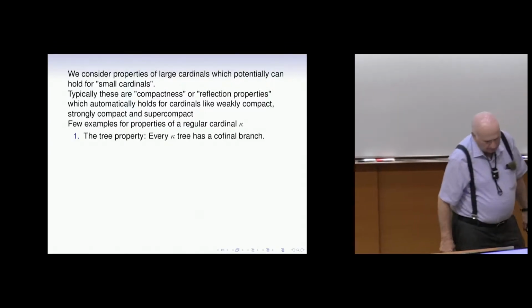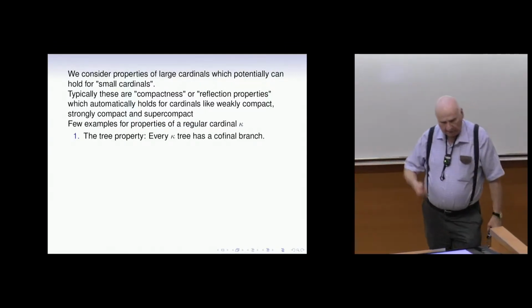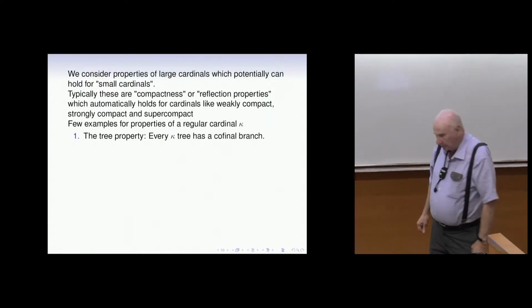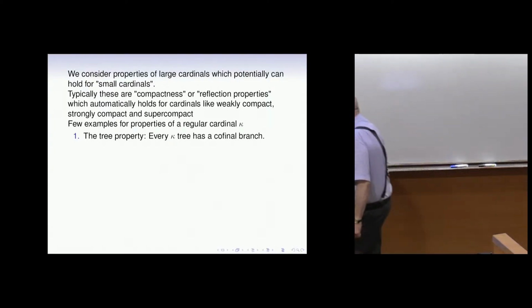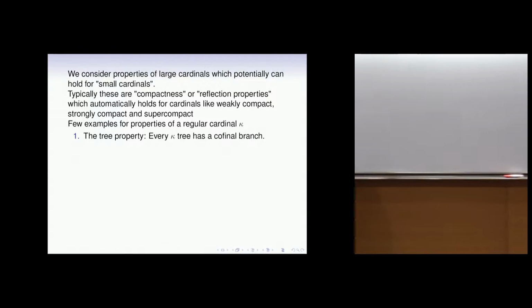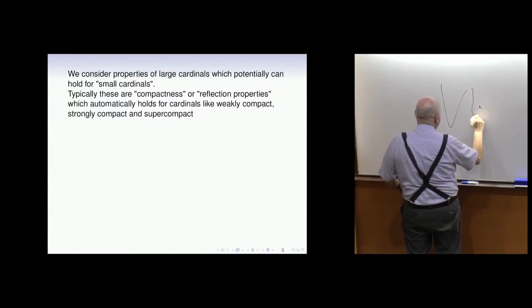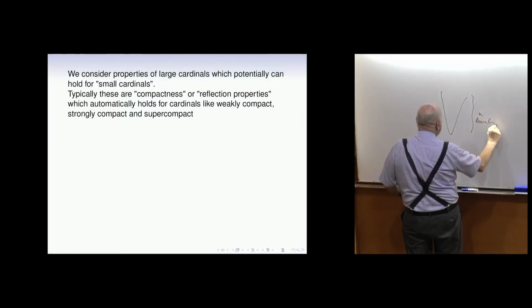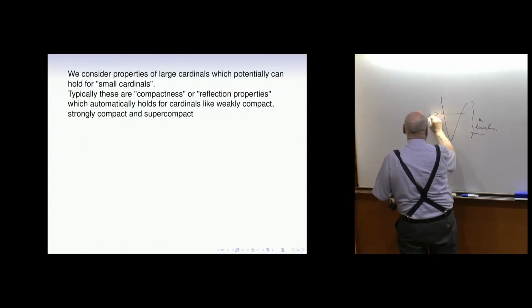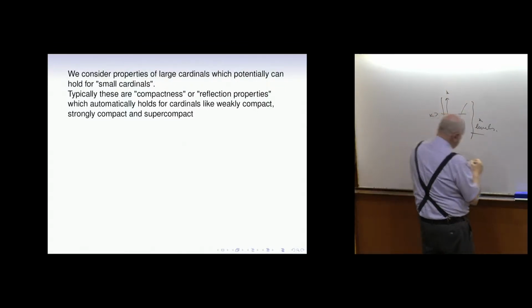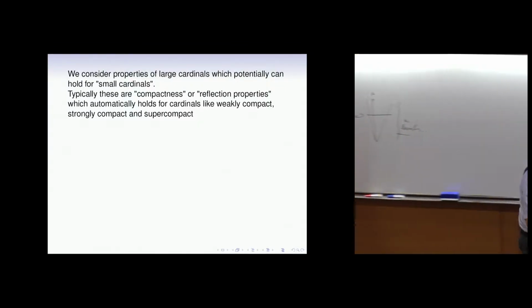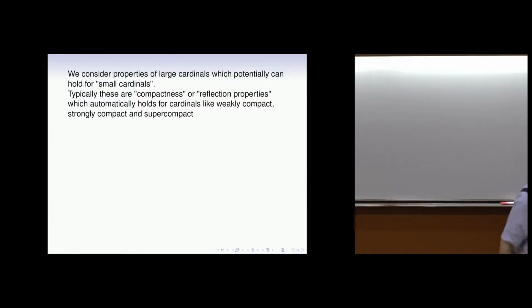Okay, so for example, properties of a regular cardinal, we can talk about the tree property. A kappa tree is a tree with kappa many levels, each level of cardinality less than kappa, and the kappa tree property says there exists a branch of length kappa.